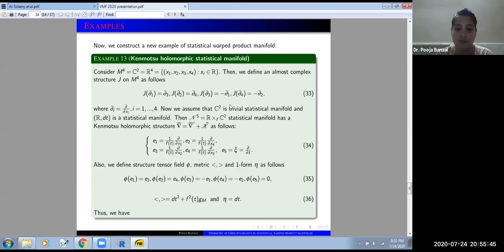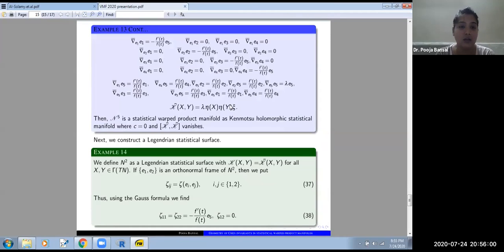Also on this, I have defined a structure in which we define the structure vector field φ, the metric, and the one-form η given by equations 35 and 36 respectively. Then we have these equations based on connections defined in terms of ∇̄ for the vector fields E1, E2, E3, E4, and E5, which satisfies K̄ given by λ η(X) η(Y) ψ.